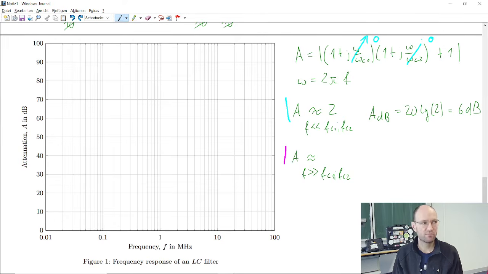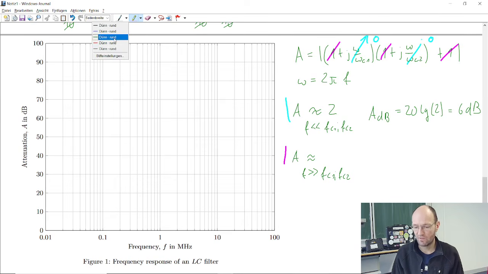So in this case, you can neglect the 1 because the 1 is smaller than the other term, and we can neglect this one because it's smaller than the other term. And if these two are large, and if the product of them is also large, then we can also neglect this one here at the end.